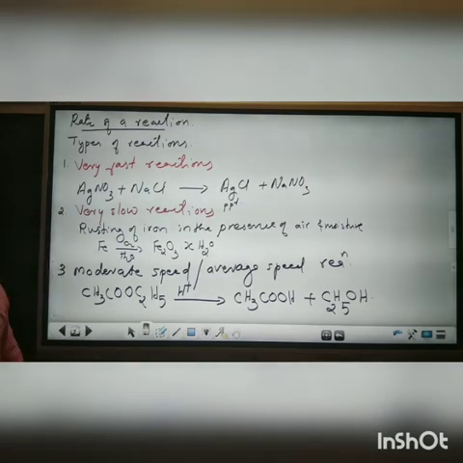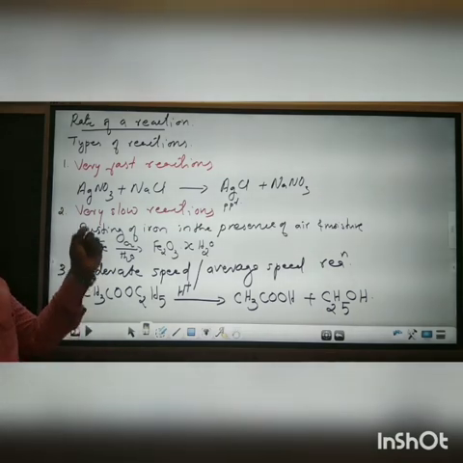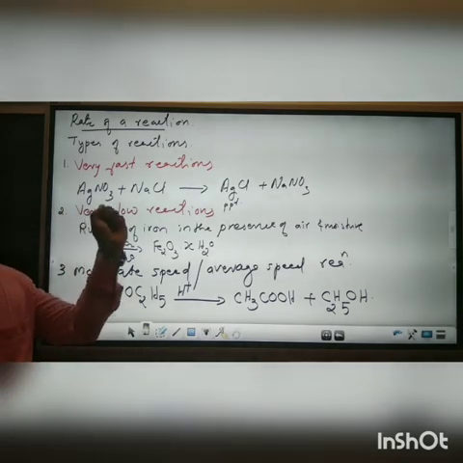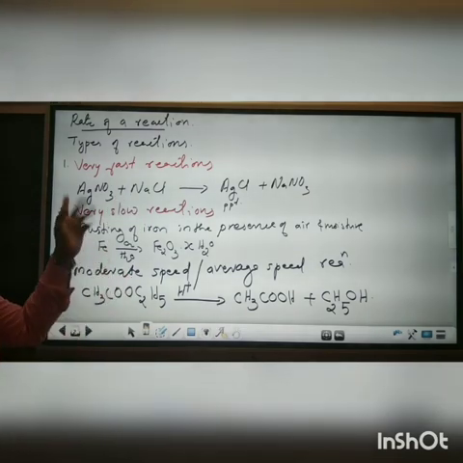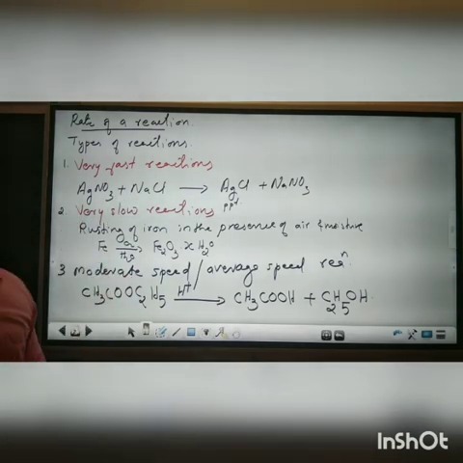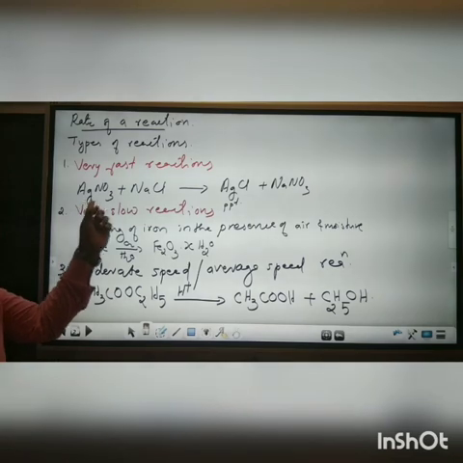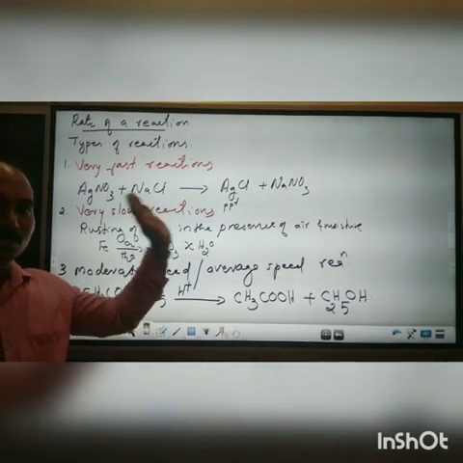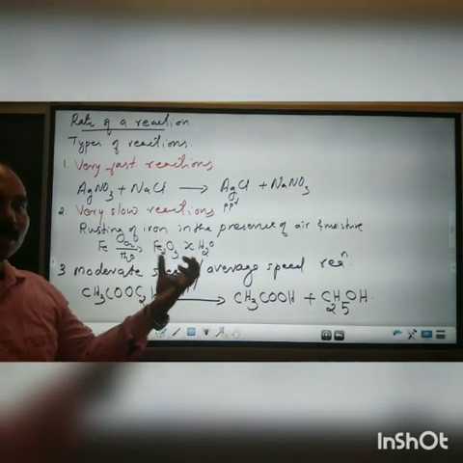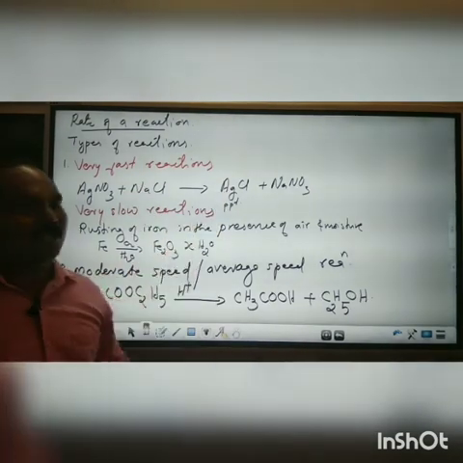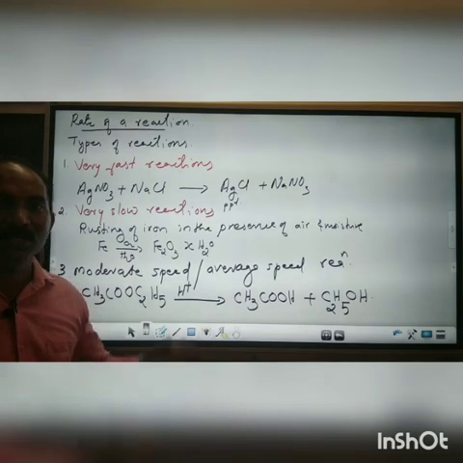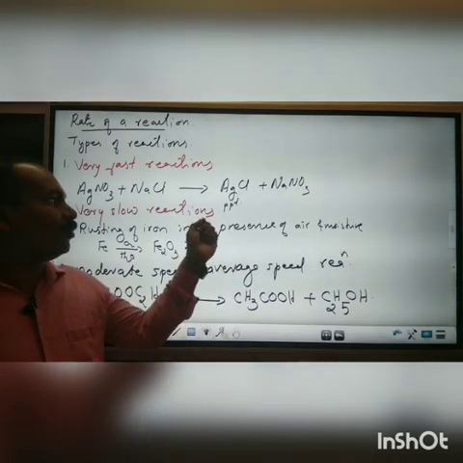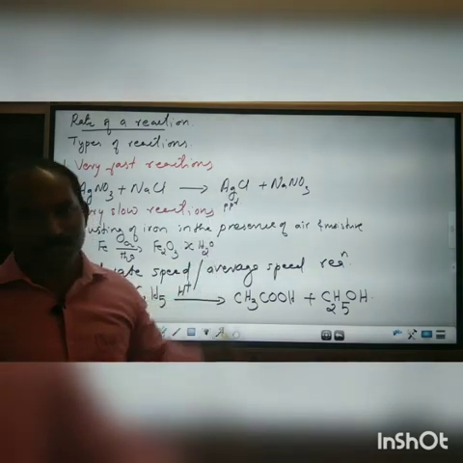For example, in the laboratory, we detect the presence of chloride ion by adding silver nitrate solution. When you add silver nitrate solution to the chloride solution taken in the test tube, a white precipitate, AgCl, is formed.